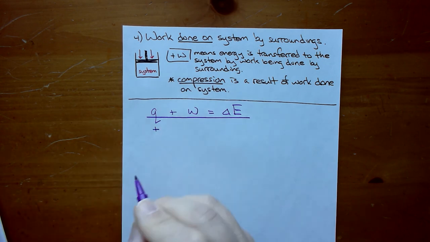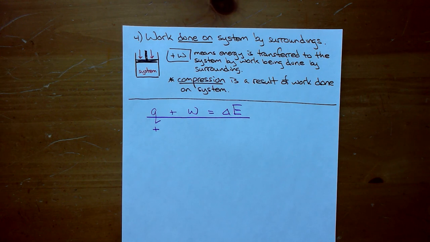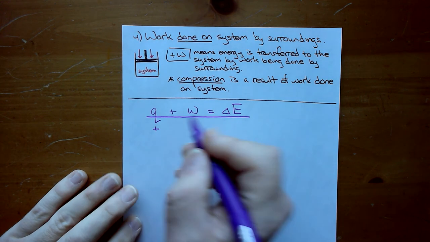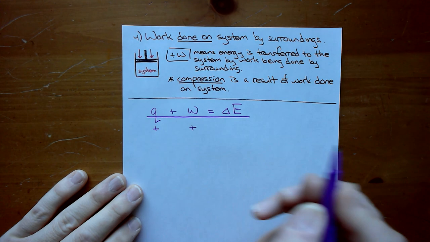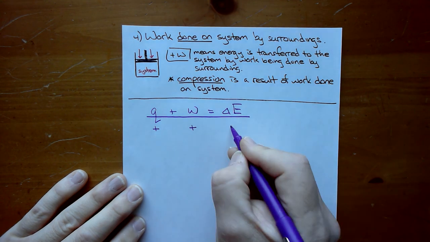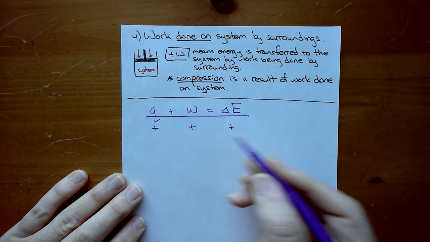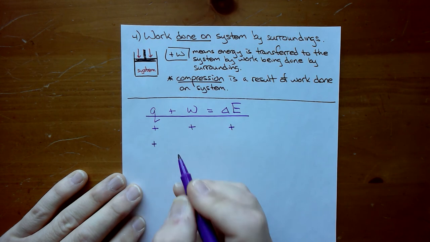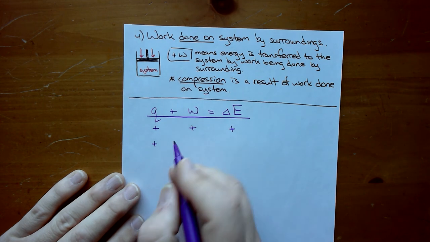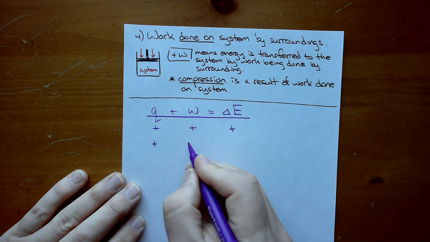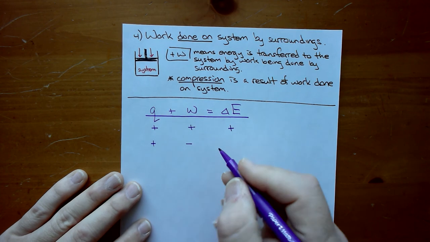Positive is heat flowing into the system. So if we have heat flowing into the system and work done on the system, then we're going to have a positive delta E. If we have heat flowing into the system and work done by the system, it all depends on your values.